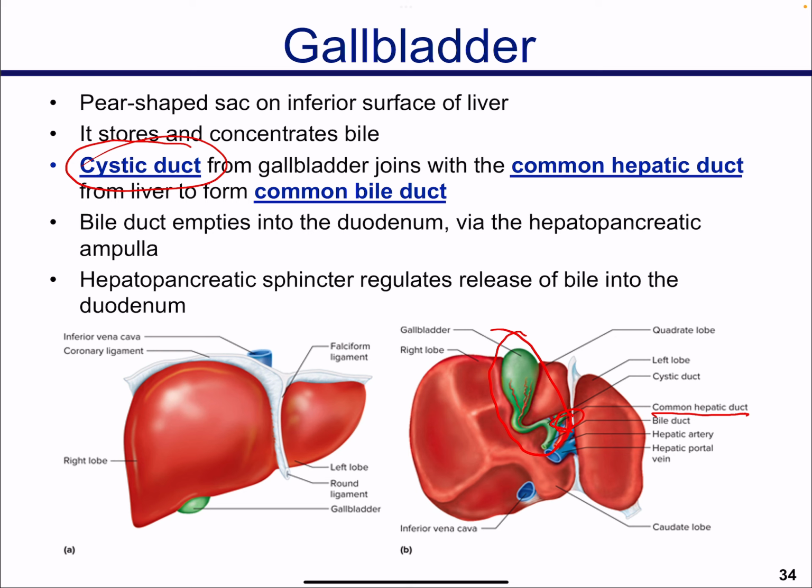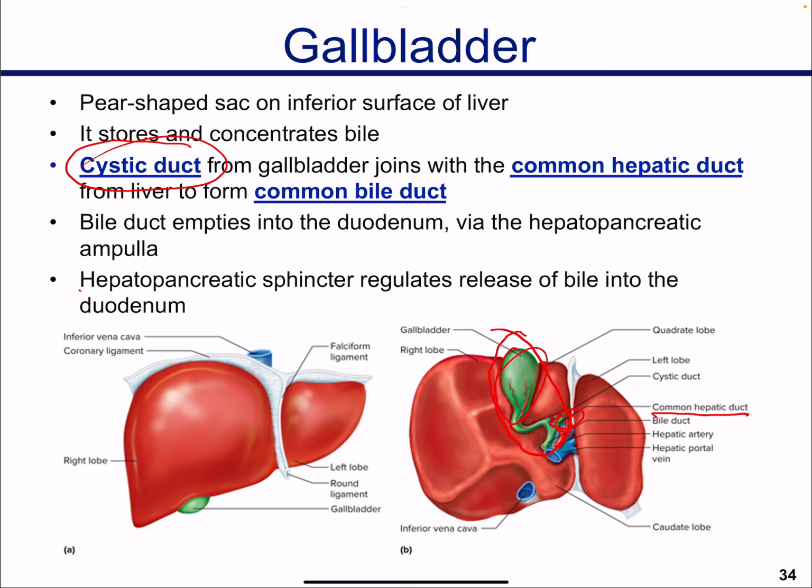Okay, and eventually the gallbladder is going to empty its content, which is the bile, in the duodenum, where digestion is happening. And remember, the bile is involved in the digestion of lipids, right? So it's going to be there for emulsification of lipids.